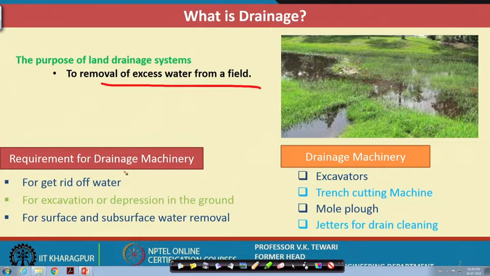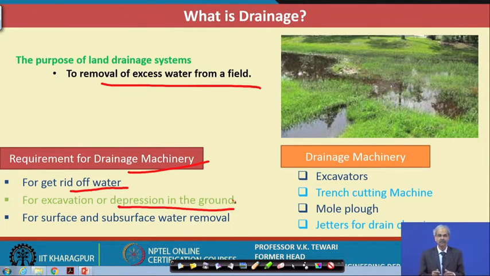What are the requirements for drainage machinery? It is essential to know what you understand by the requirement of a drainage machinery. What do you want to do with it? You want to get rid of the water which is there, maybe from an excavation or a depression in the ground. It is for surface and subsurface water removal, sometimes more of an irrigation equipment.